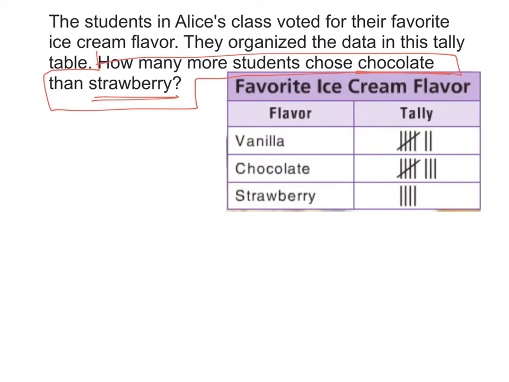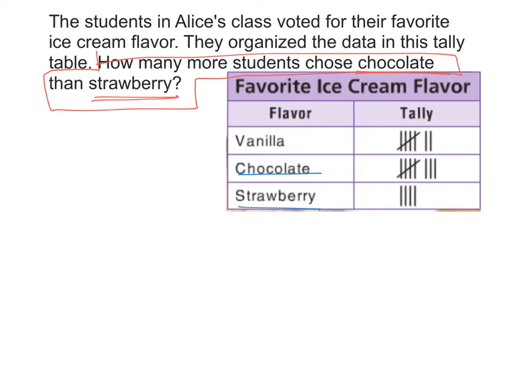Now remember, data is the information collected about people or things. The ones that we are most concerned about are one, chocolate, and the other one, strawberry. And that's how we're going to find the information. Now let's take a look at the tally table.